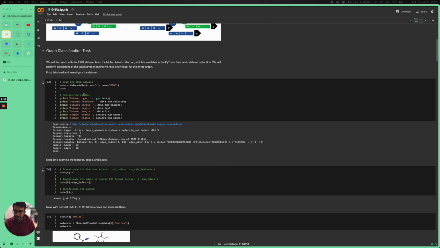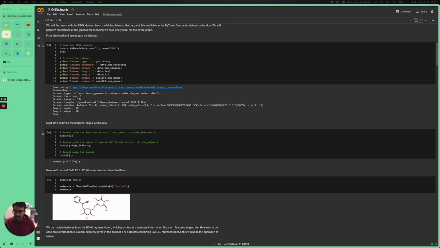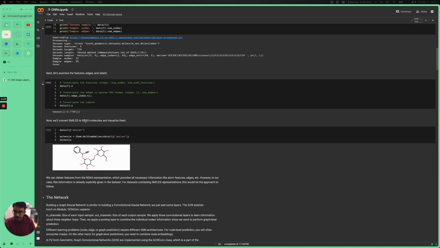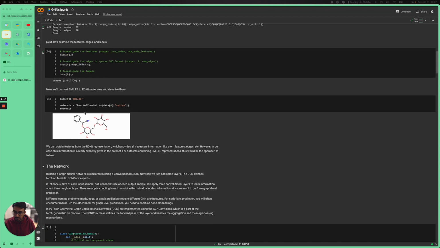Right here, we're trying to load the dataset. You can see that we have around 9 features per dataset. For example, you have 32 nodes and 68 edges for a single molecule. This is basically a visualization of how exactly the molecule looks using the RDKit library.